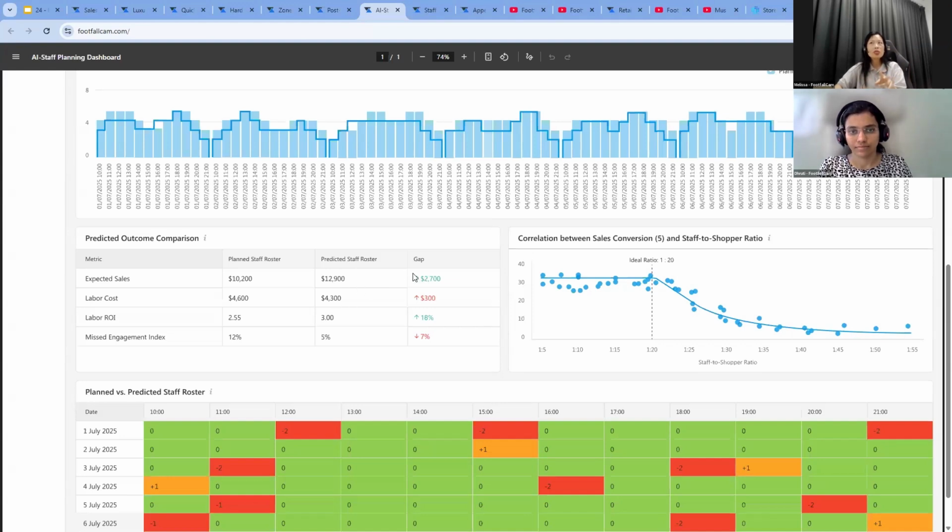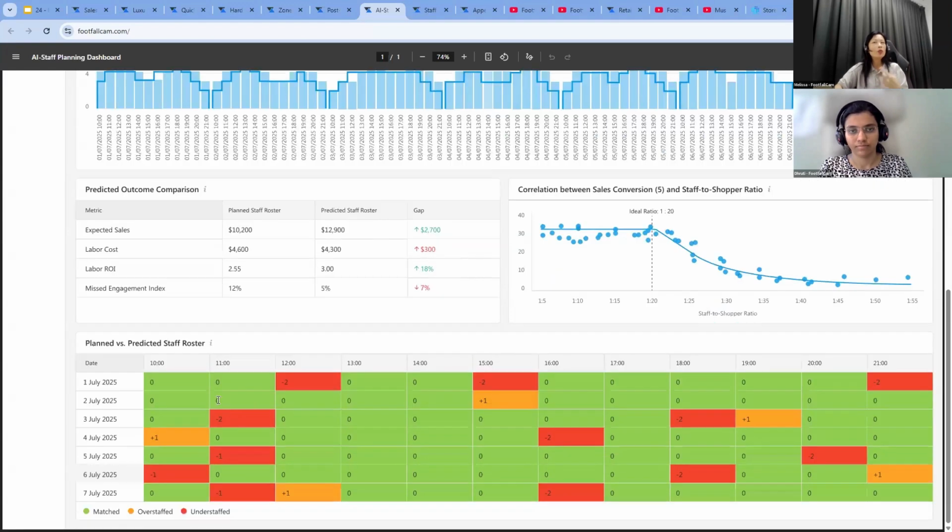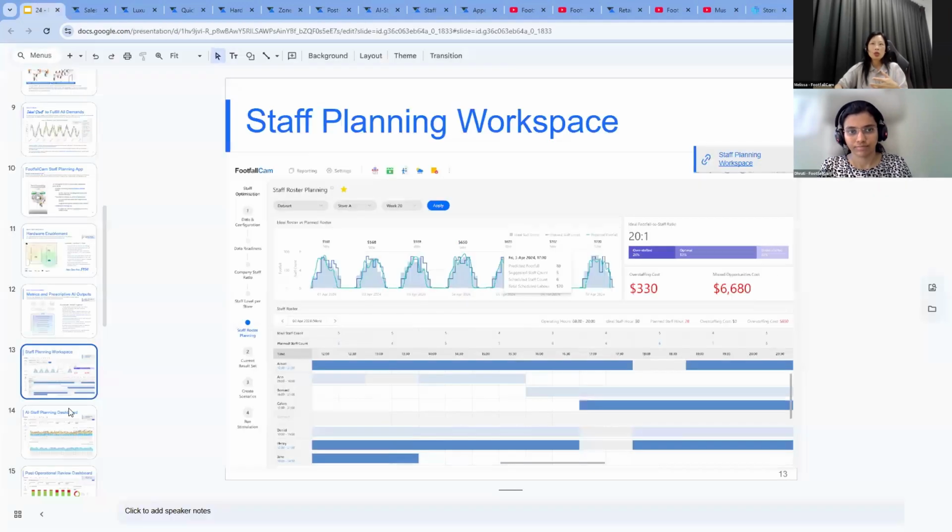What is the gap? Your predicted staff roster would increase your expected sales, reduce your labor costs, increase your labor ROI, and reduce your misengagement index, and show which hour of which day you have a match, when you're overstaffed, and when you're understaffed. So things like this, you can look at.